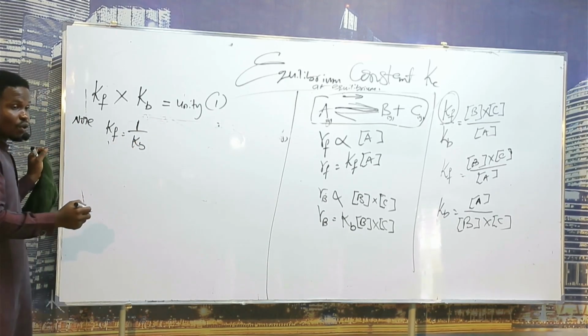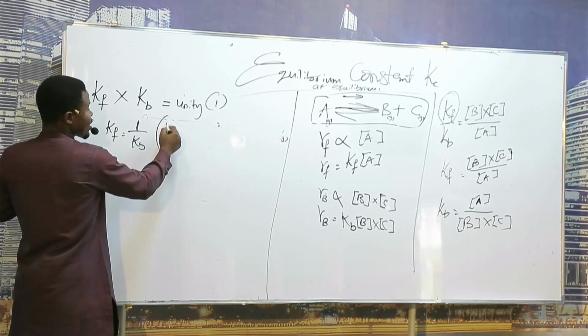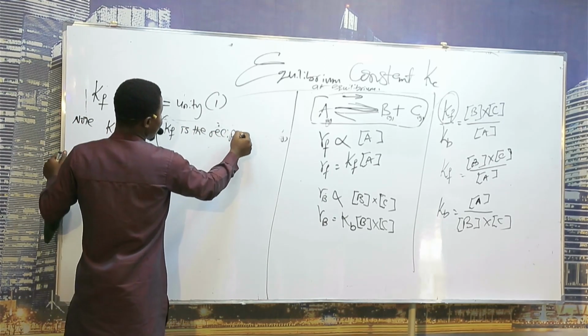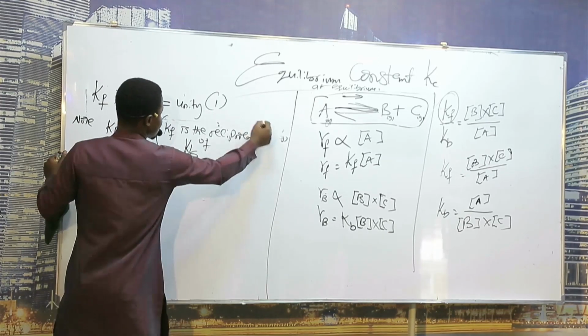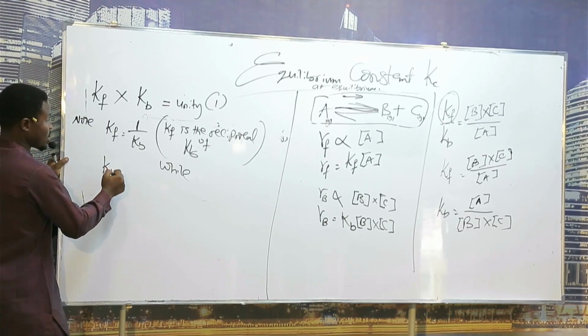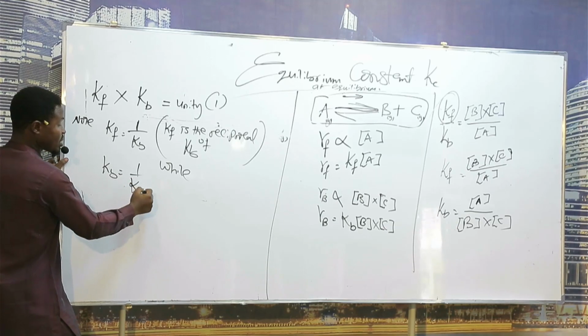KF is what? KF is the reciprocal of KB. While KB is what? What is KB? Reciprocal of what?